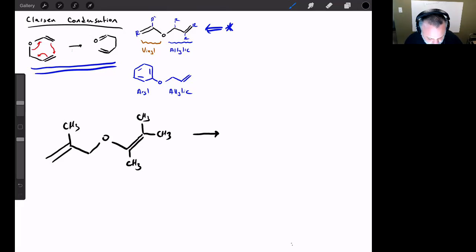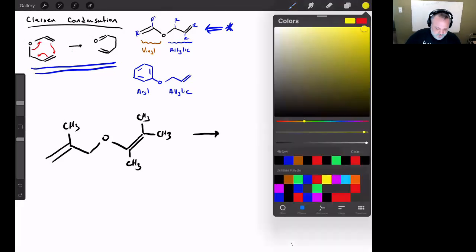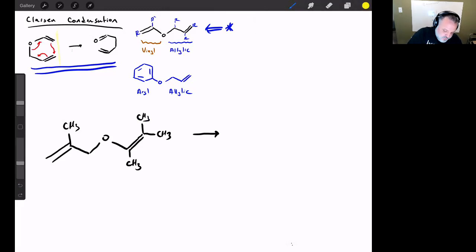Well, the first thing that I want to do is arrange it so that it's shaped like this molecule. I want to put the projection in the correct location so that I can look at it like this, and then once I look at it like that, I can do the mechanism without any problems.